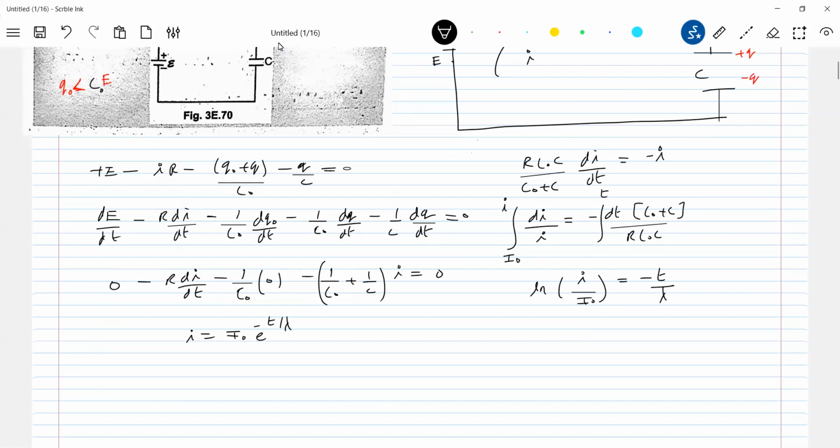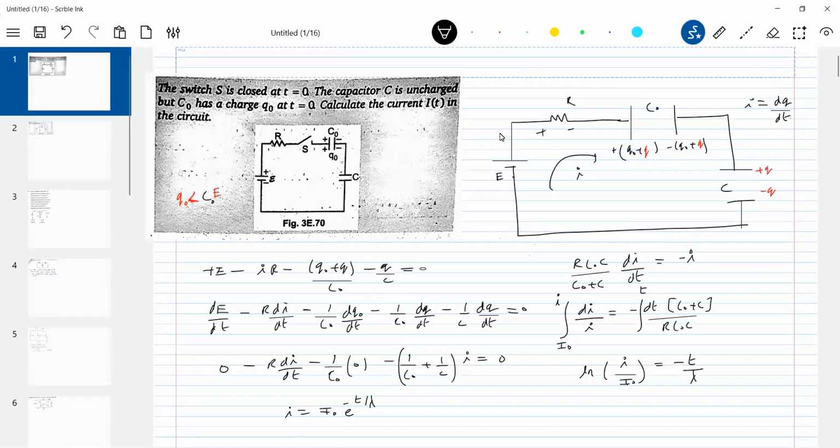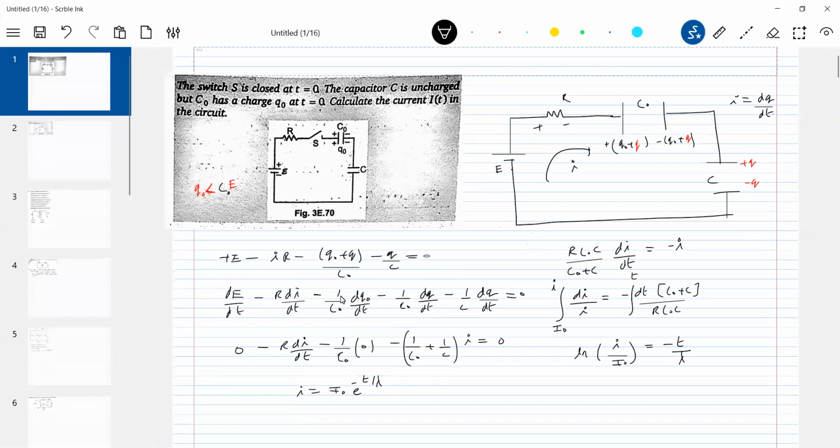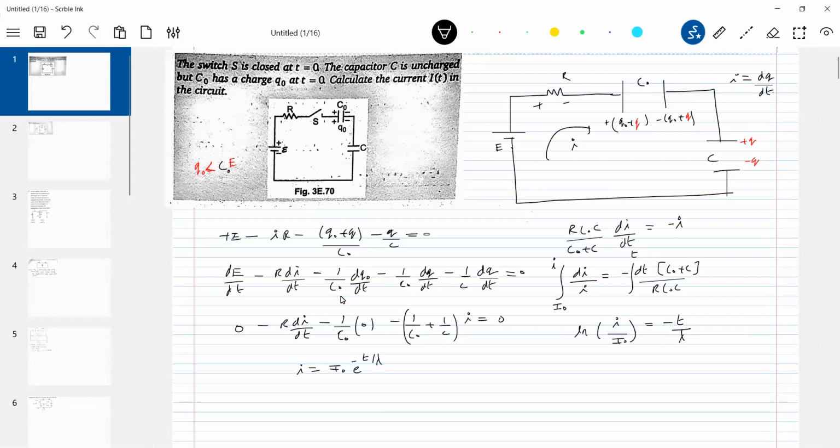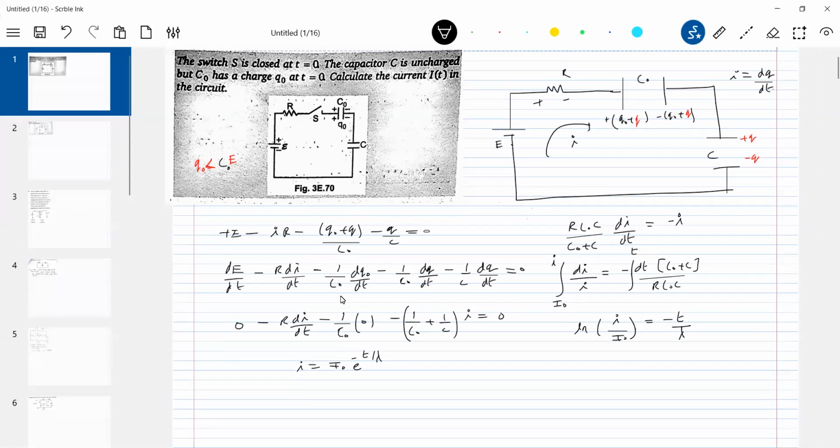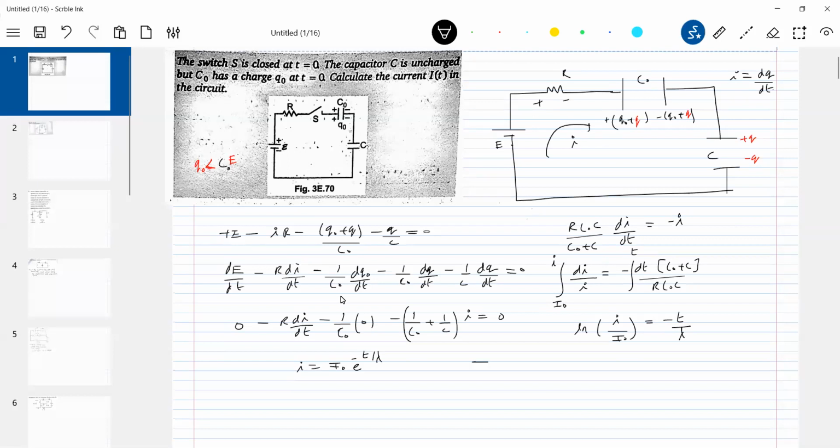This I naught is what we assumed, no? So what should be that initial current? How to bring that one? At t equals 0, you go for the equivalent circuit. So at t equals 0, I'll draw the circuit. There's a resistor, there's a cell, let it be this EMF. And this capacitor was having initial charge, no?